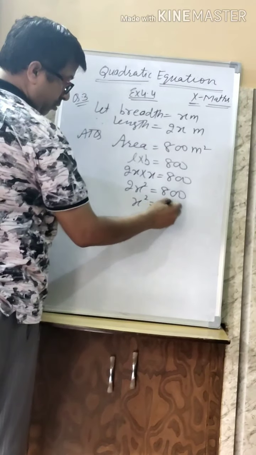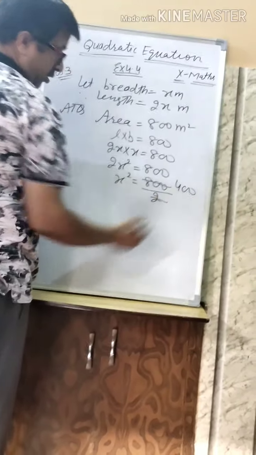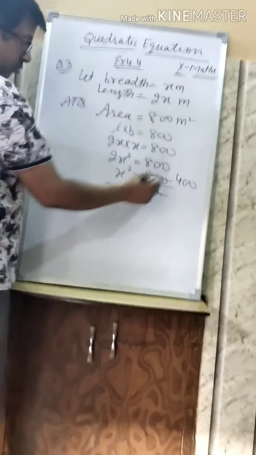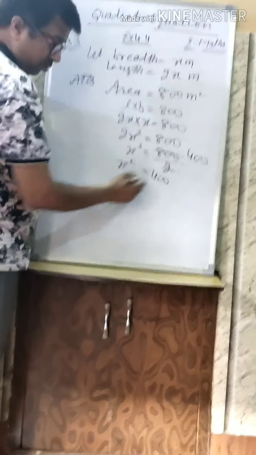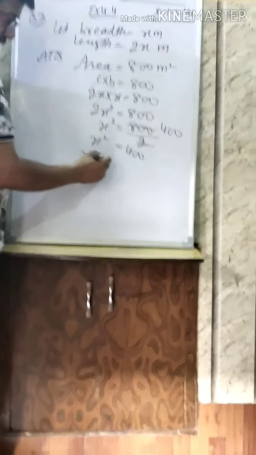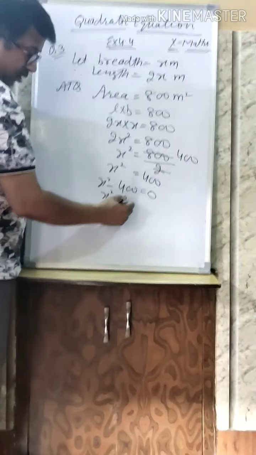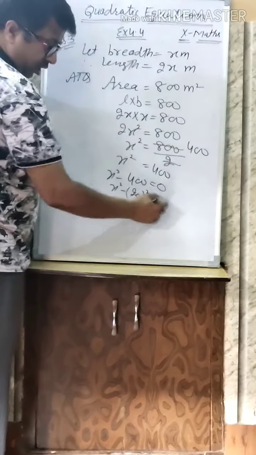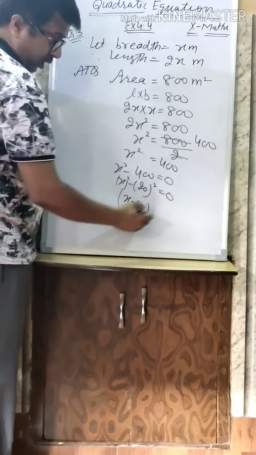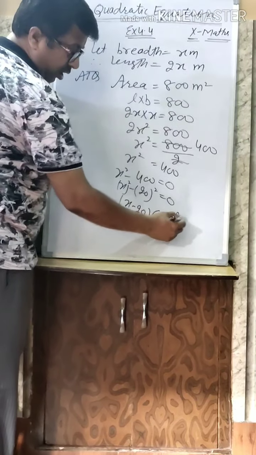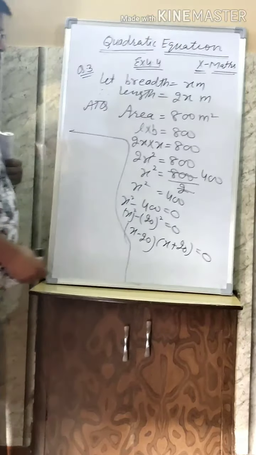x square is equal to 800 by 2, that is 400. So you can shift 400 here. So x square minus 400, or 400 you can write as 20 square. So I think it is very simple. a square minus b square, a minus b into a plus b equal to 0.